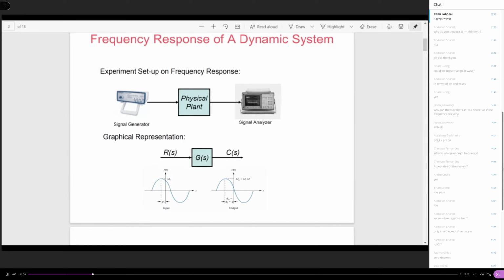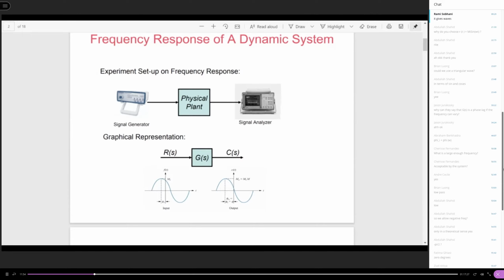In other words, if you vary the frequency of the input testing signal, in a spectrum, in a range of frequency, okay?